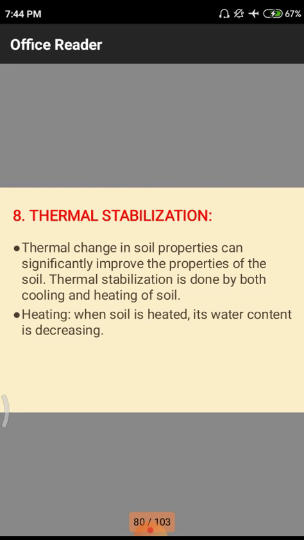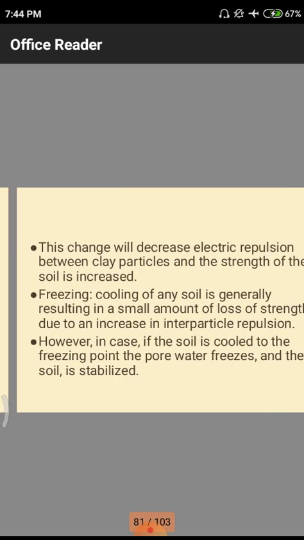What is heating and how do we do this heating for large bodies like earth and other fields? When soil is heated, the water content decreases. Whenever we heat a particular material, the hydrogen and oxygen contents present in that material are evaporated due to heating and rising of temperature.